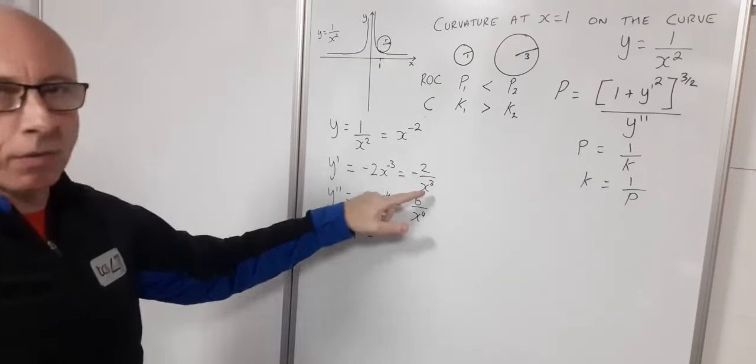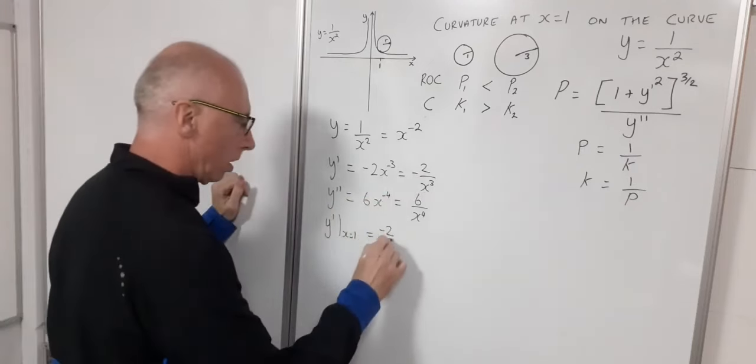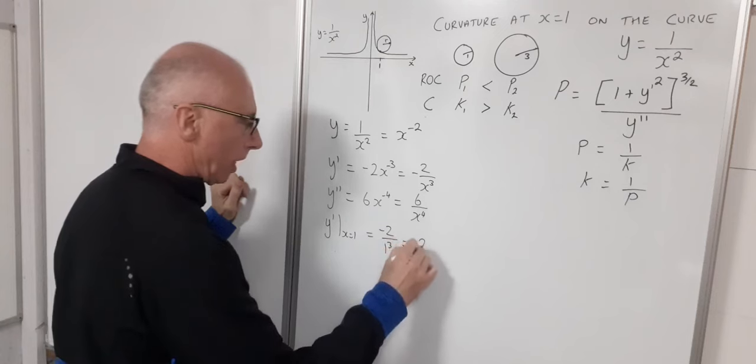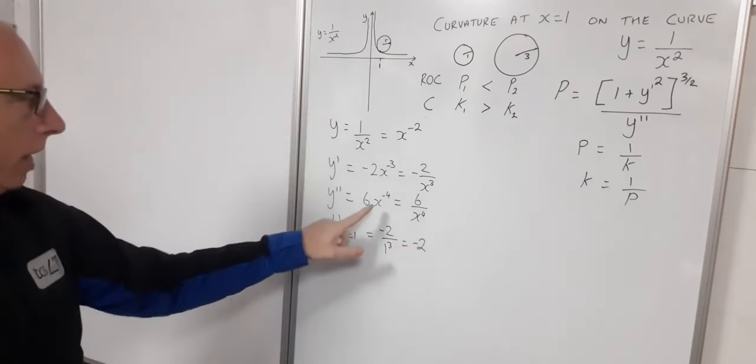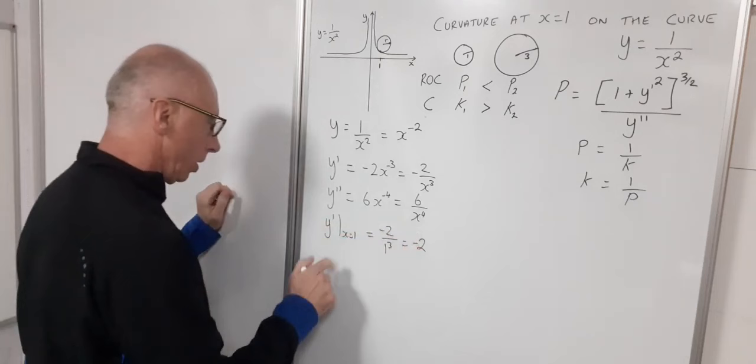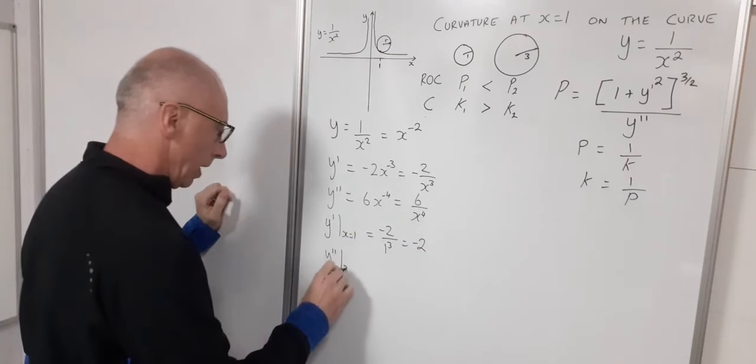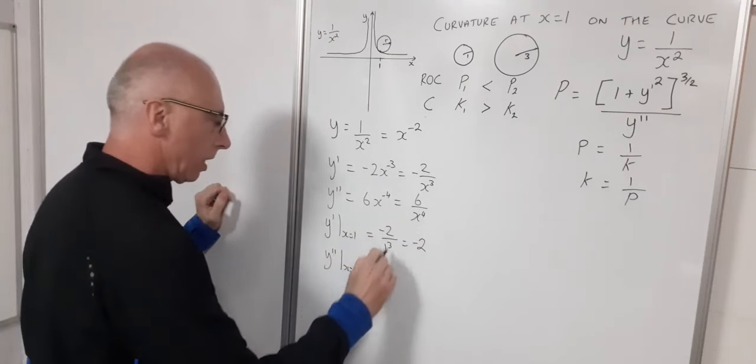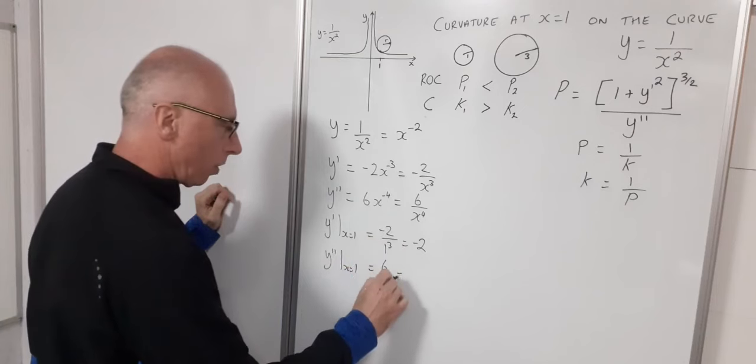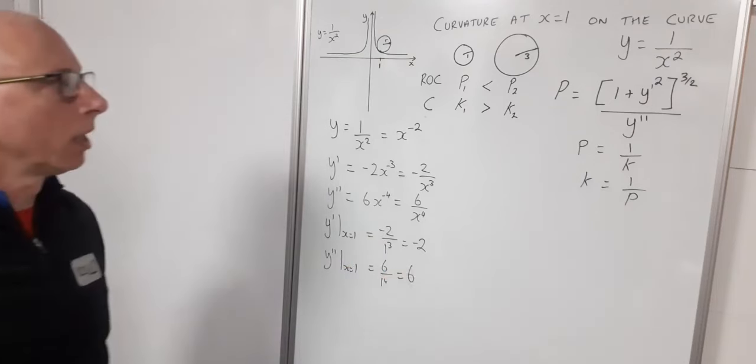So I've got minus 2 over 1 cubed, which just equals minus 2. And then the second derivative, similar situation, y double prime at x equals 1. That gives me 6 over 1 to the power of 4, which just equals 6.